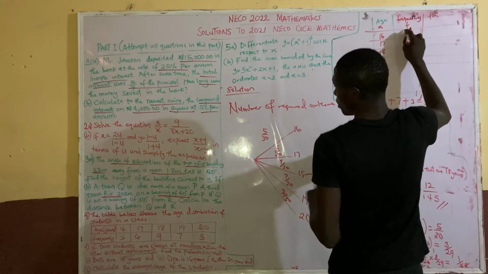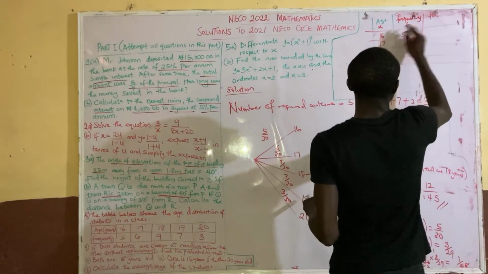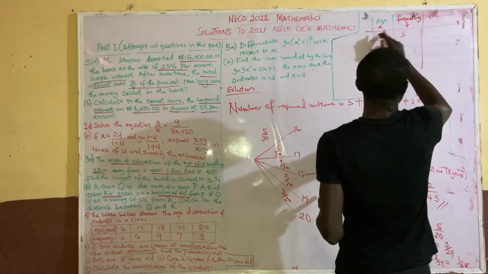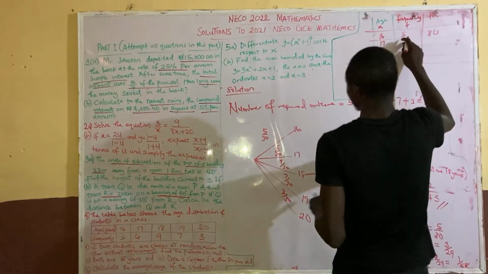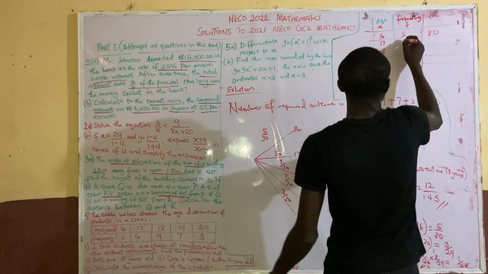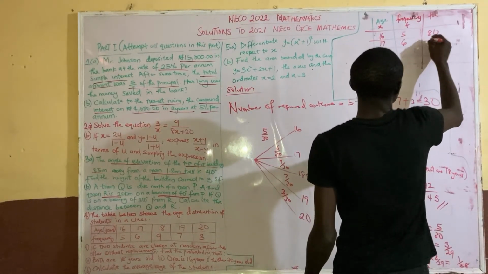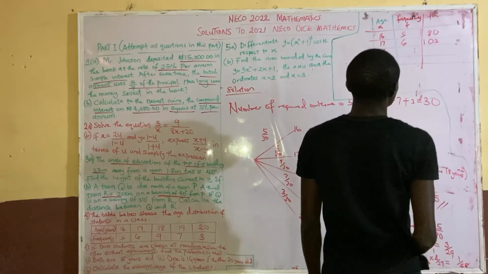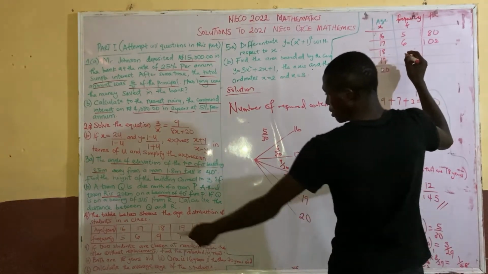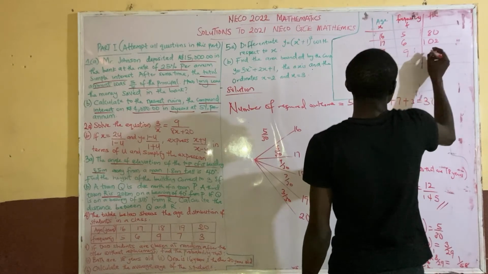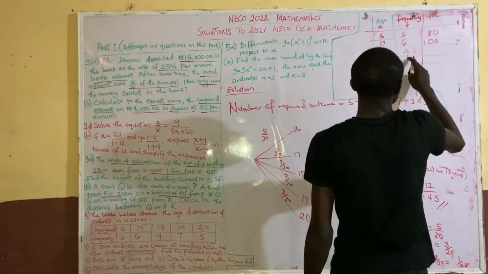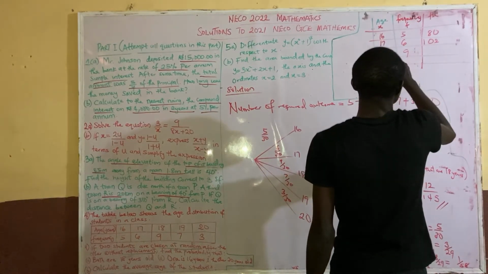So this one is 5. 5 times 16 will give 80. This is 17, 6. You multiply this to give 102. This one is 9. 18 times 9 will give 162.